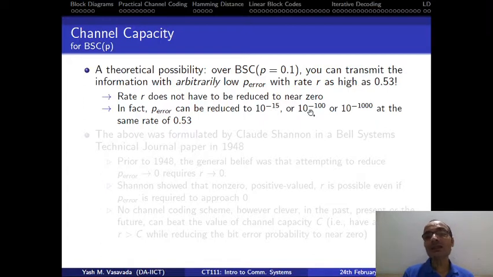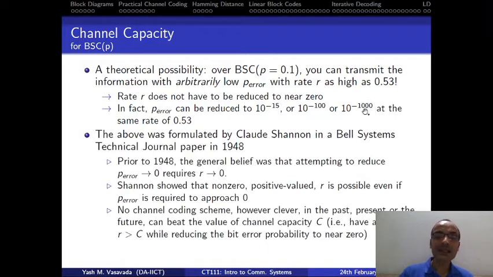It's not even 10 to the power minus 100 or 10 to the power minus 1000. At the rate of 0.53, you can get probability of error as small as you desire. You don't have to make the rate approach 0, unlike what the repetition coding would do to you.